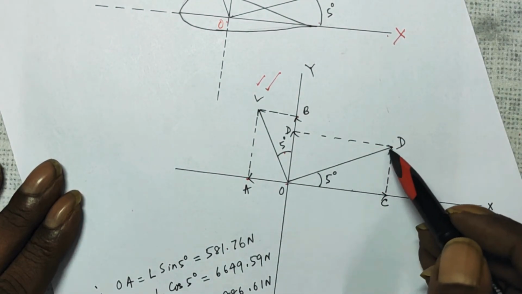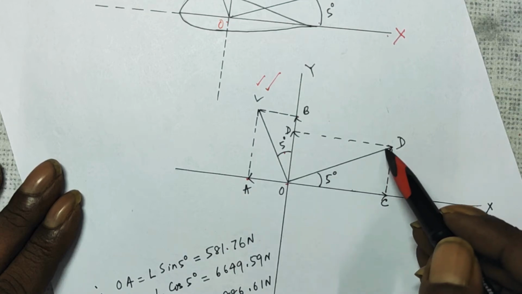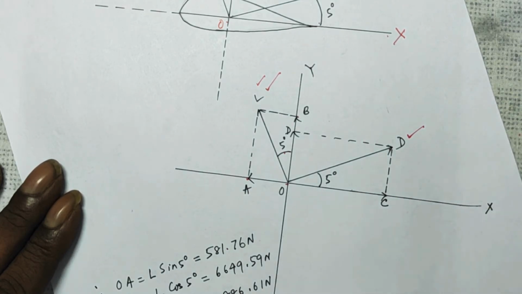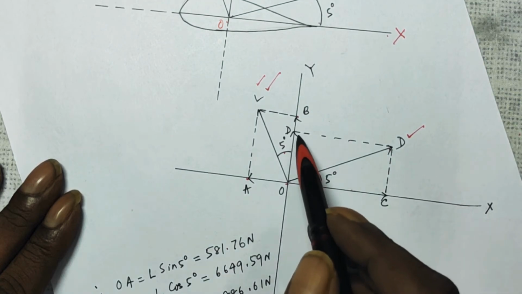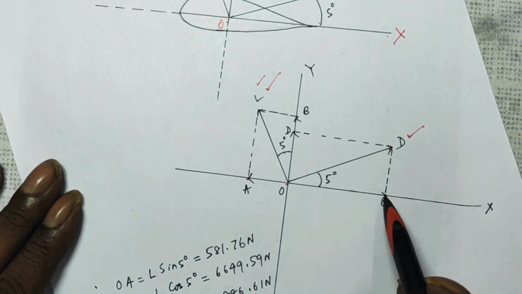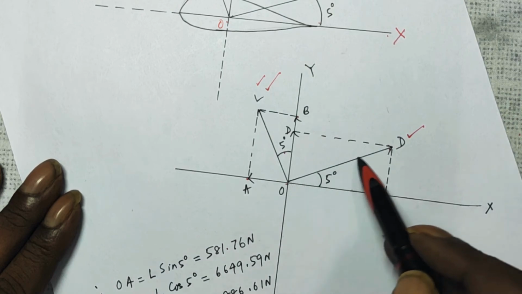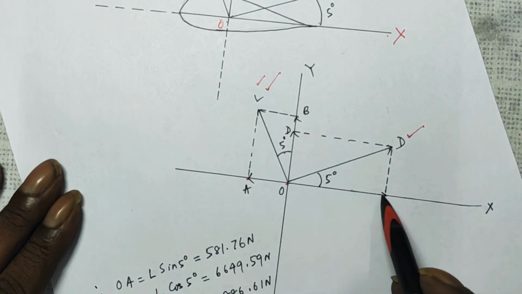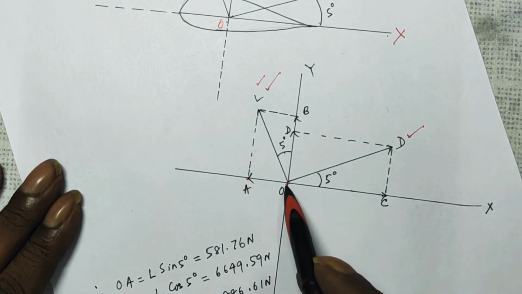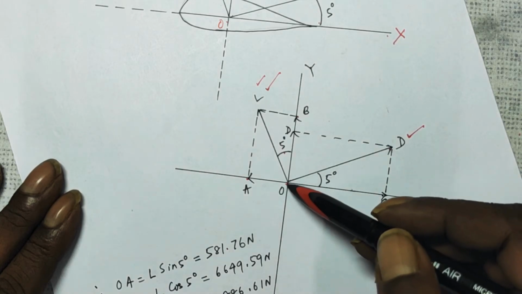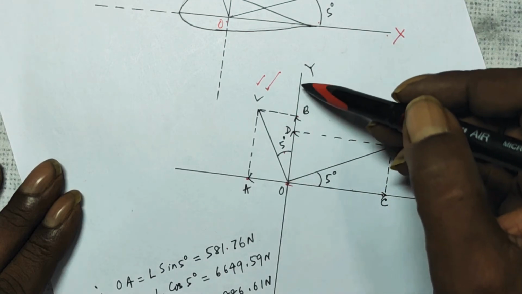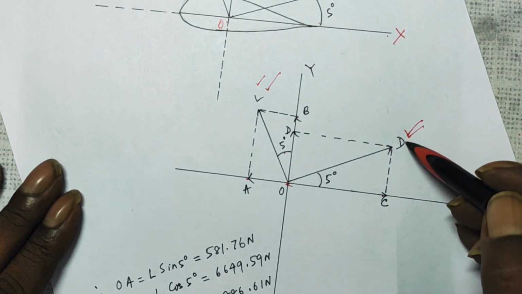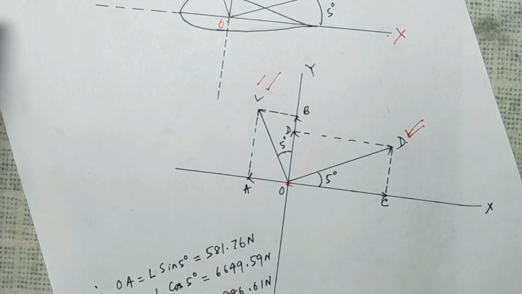Similarly, considering OD, the drag force, as the resultant, if you construct a parallelogram taking this as the diagonal, then OC is the horizontal component along the positive x-axis, and OD is the vertical component of the drag force D along the y-axis.